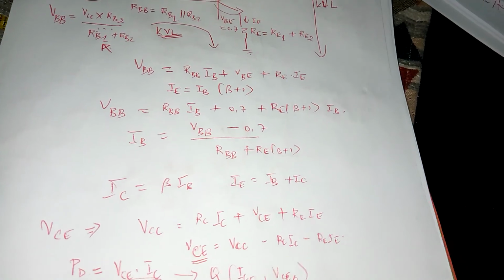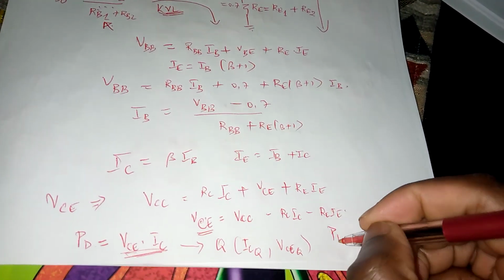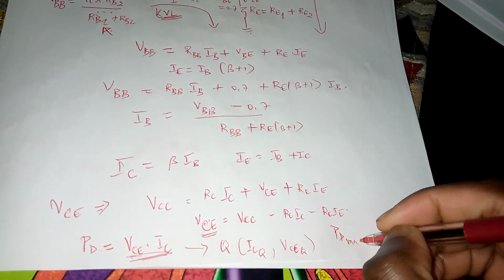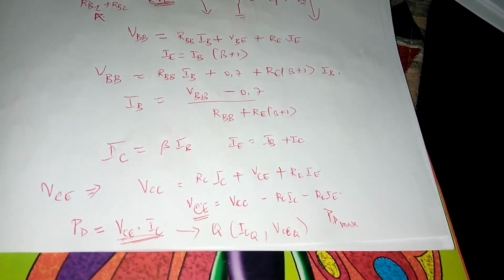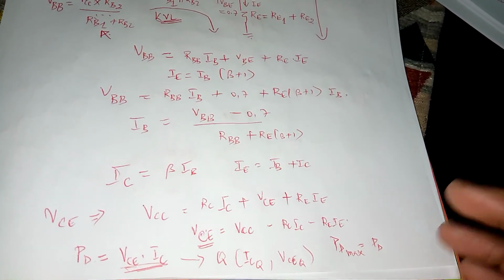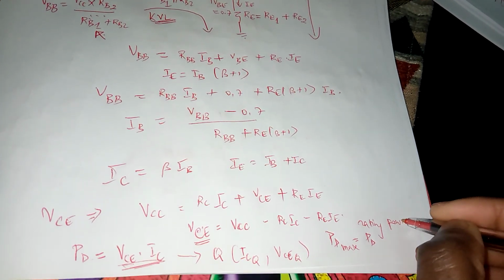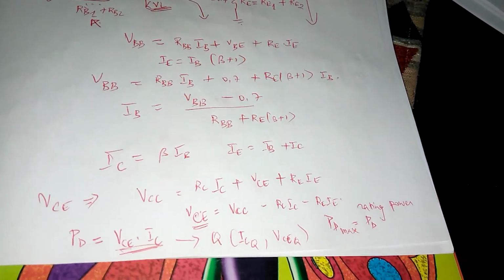Why is it important to know the power dissipated in the transistor? Because a transistor has a maximum power that can be dissipated in it, that you find in its datasheet normally, PD max, which is also sometimes called the rating power. Rating power, meaning the maximum power it can dissipate before it burns.